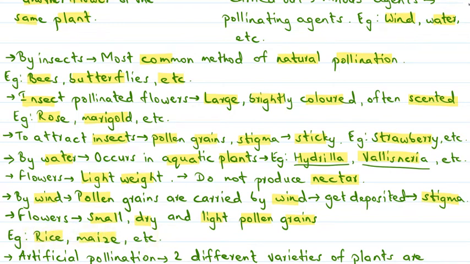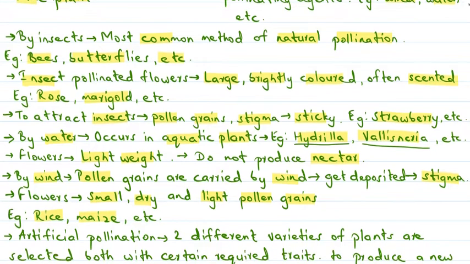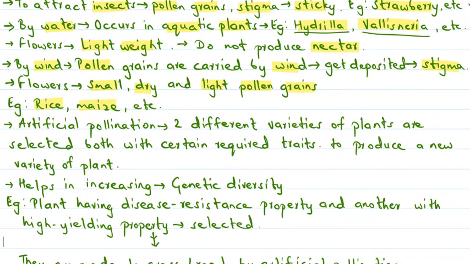Okay, so this was about the different agents that bring cross pollination, which is a type of natural pollination. Then we talked about artificial pollination. Artificial pollination is a process where two different varieties of plants that have certain required traits are selected, and these are used for the production of a new variety of plant.